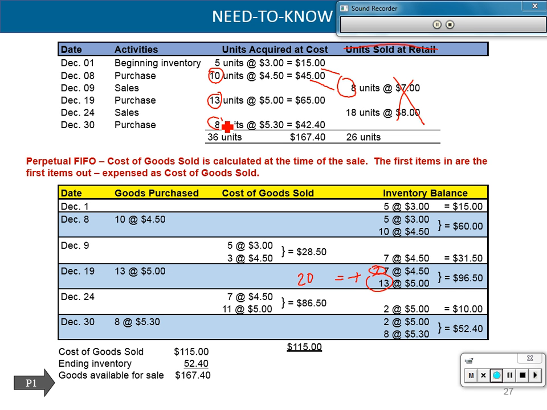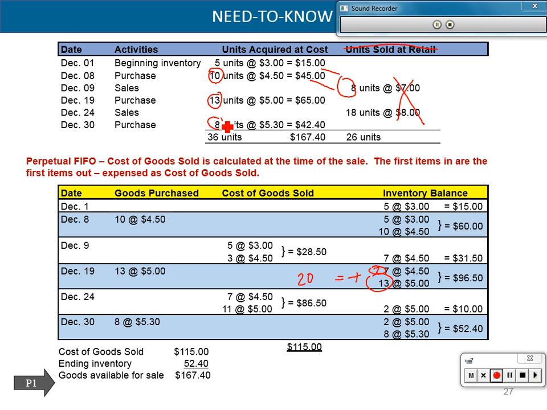Why does the goods available for sale reflect both the cost of goods sold and the ending inventory? Wouldn't it just be the ending inventory? Because that's what's available for sale. Because you gotta know what you paid for it in order to get the value.